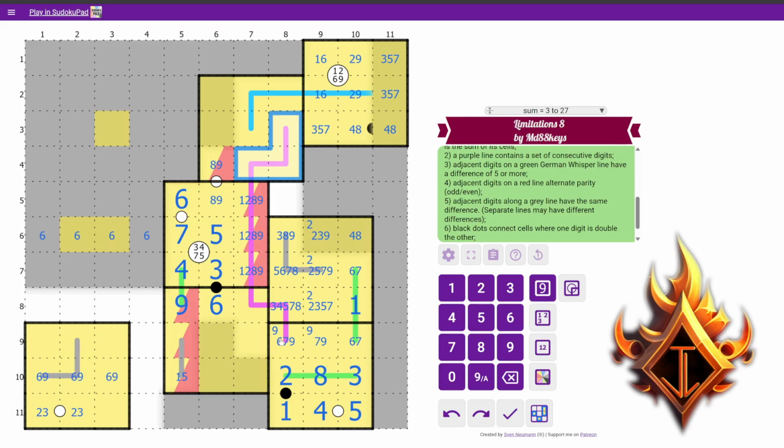This also has 6, 7, 9. Does that mean anything? Not yet.